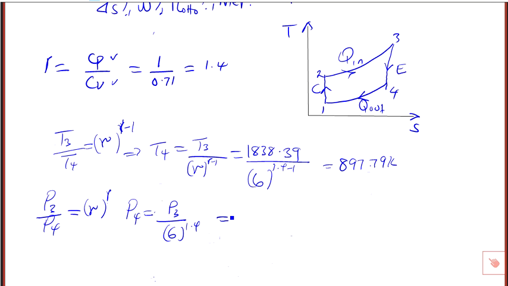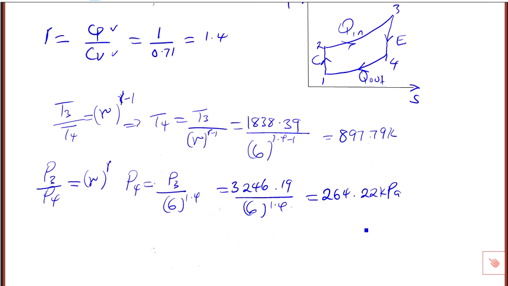We had P3 to be equal to 3246.19, and we divide by 6 to the power 1.4, which gives us a value of P4 from your calculator to be equal to 264.22 kilopascals.